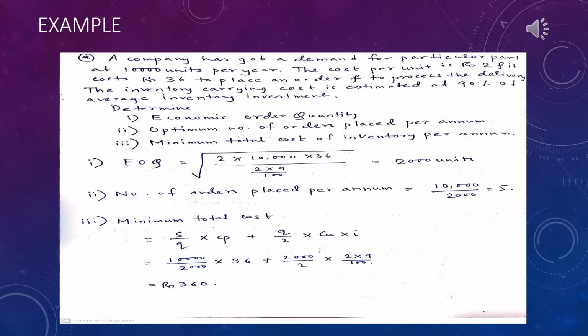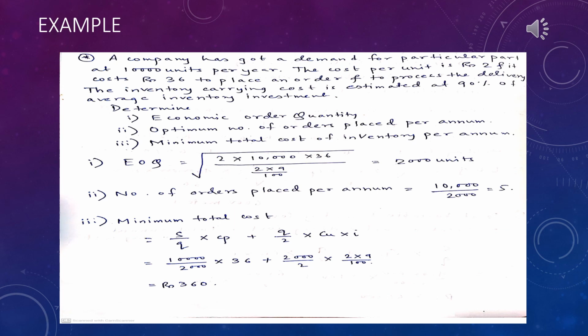So transferring these values back into the economic ordering quantity, we get the value of 2000 units. The annual demand is 10,000 units per year, so the number of orders we need to place per annum, taking the economic ordering quantity as 2000 units per batch, is 5.